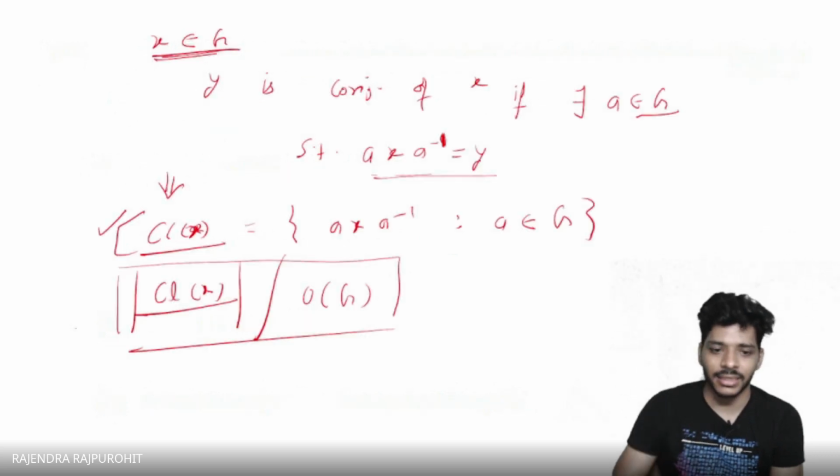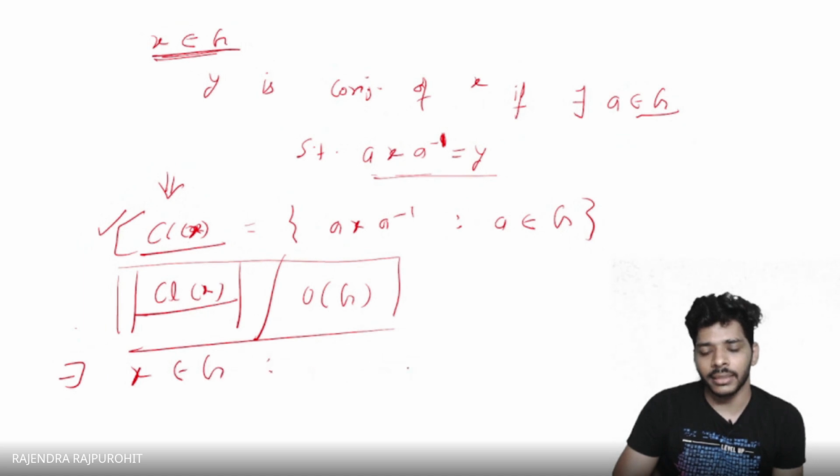What does it say? It says that there is an element x in your group, some x belonging to G, such that a x a inverse is x inverse itself.